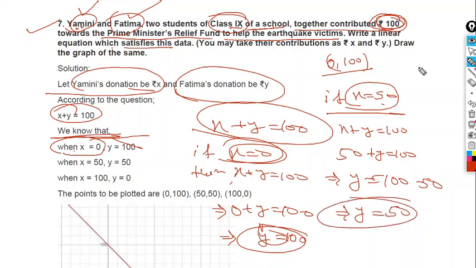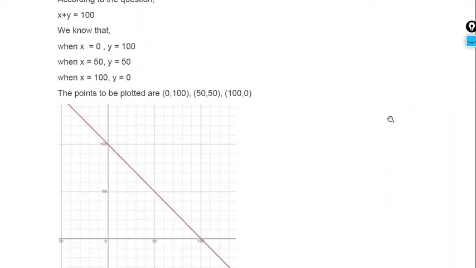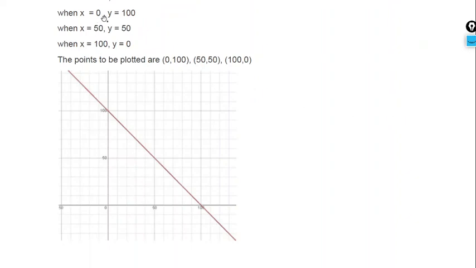So another point is (50, 50). So we have two points, (0, 100) and (50, 50). We have got the points, now it's time to plot the graph. Remember the points (0, 100) and (50, 50).